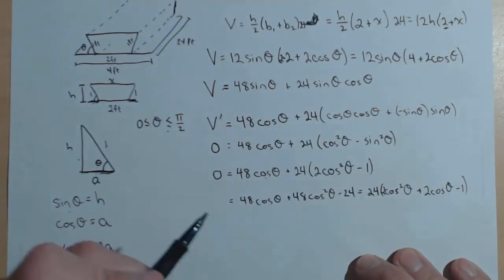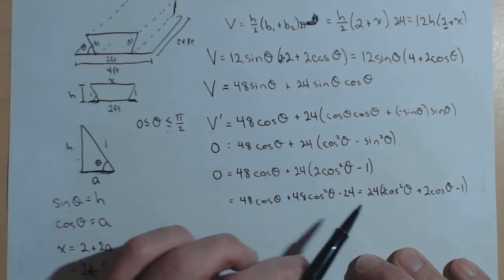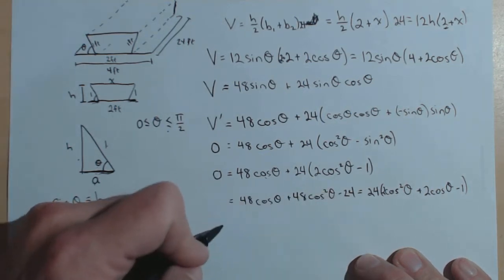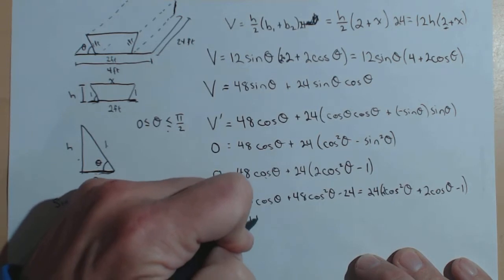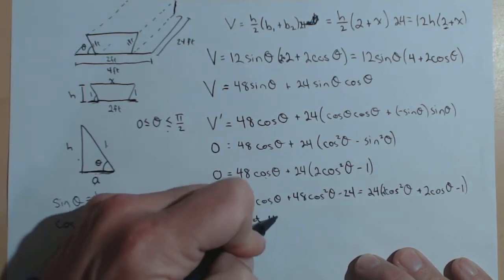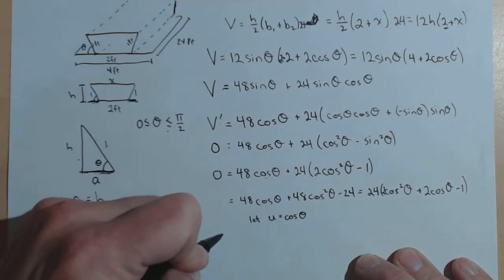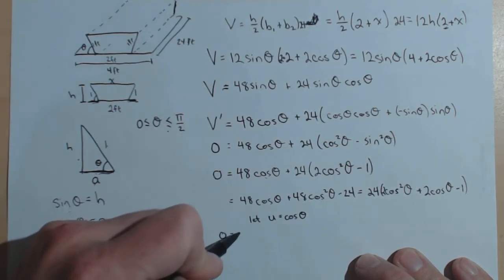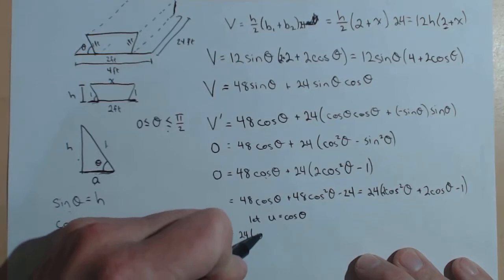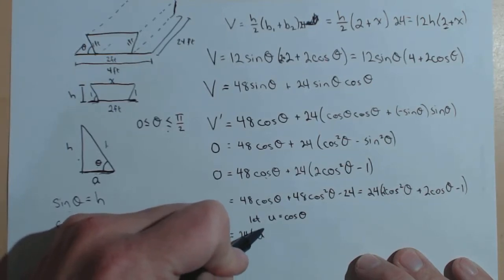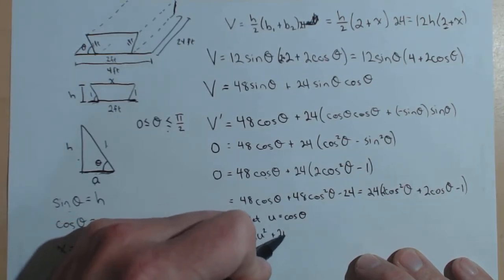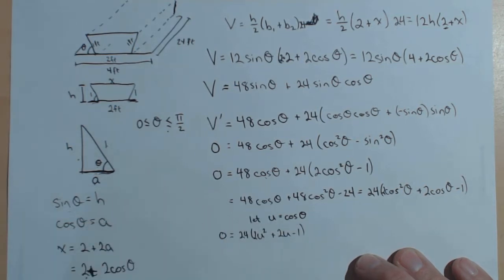Now this may look a little bit messy, but if I let u equal cosine theta, then what I have is the quadratic 24 times 2u squared plus 2u minus 1.